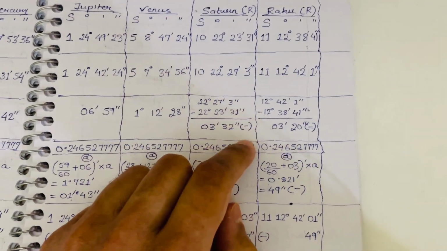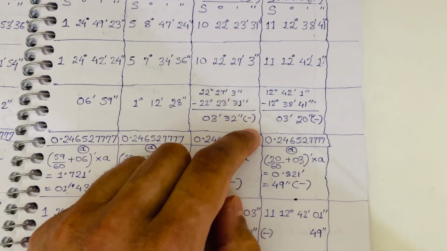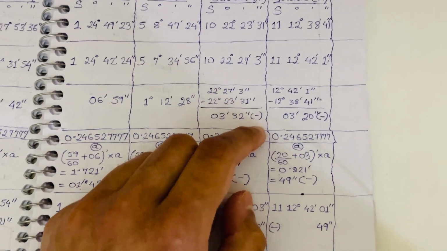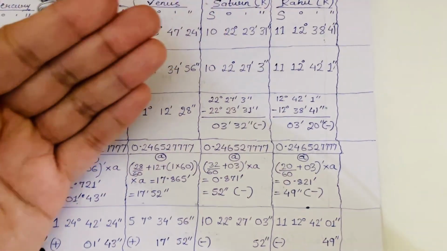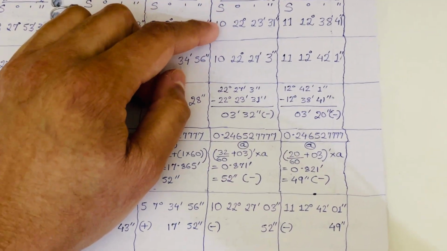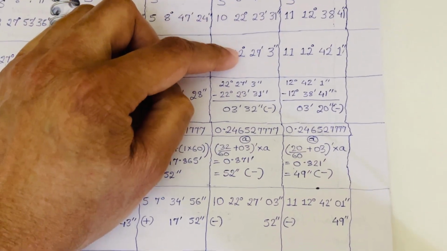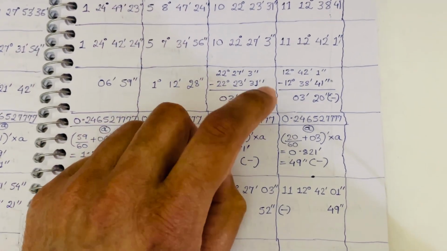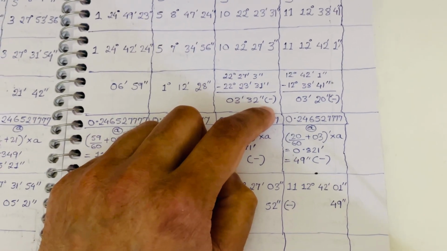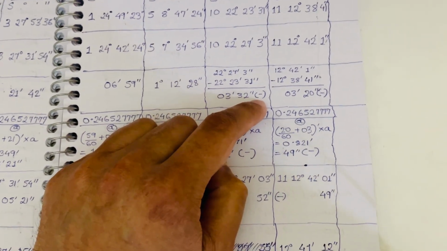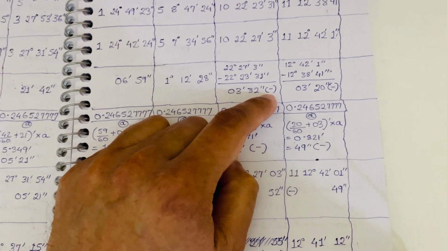You have to keep this in mind: as it is a retrograde value, and this value is lesser than this value, even though you are subtracting this value from this value, the ultimate result you get needs a minus beside it, because the simple mathematical logical concept is applied. It's a minus sign.